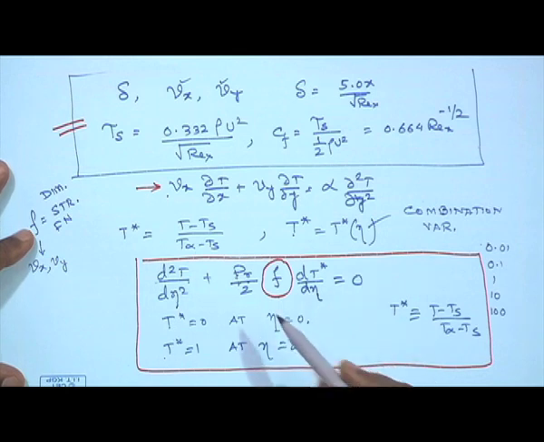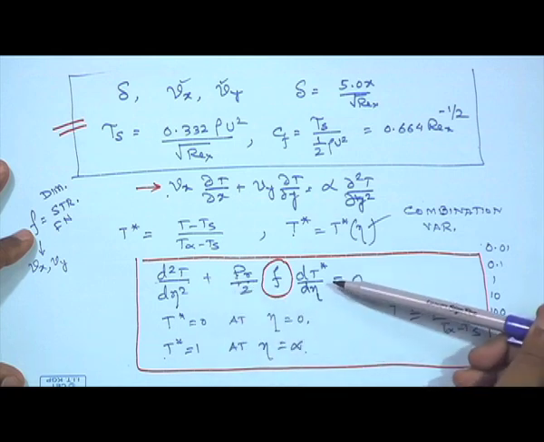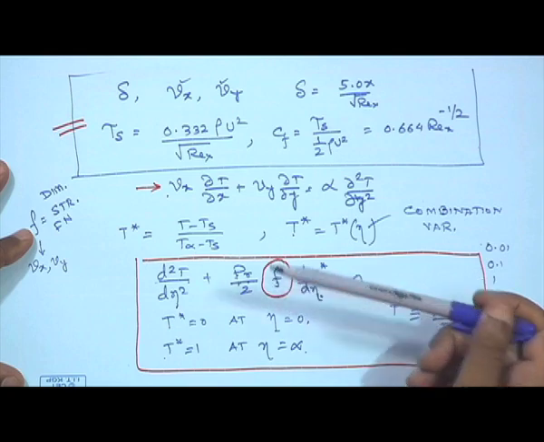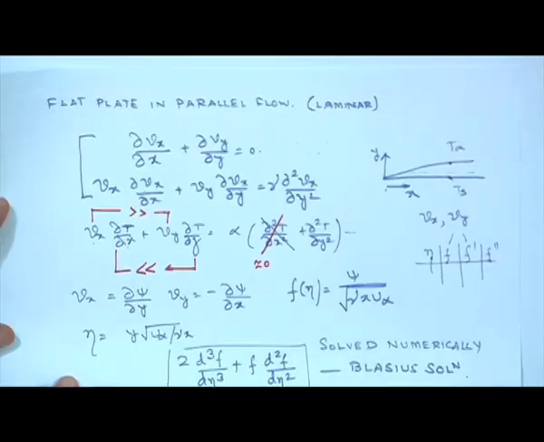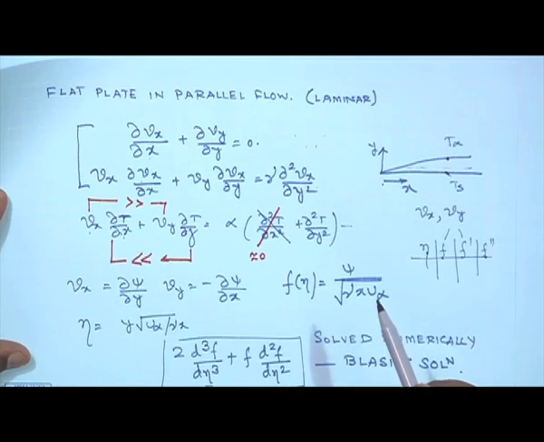In other words, for each value of Prandtl number, I will be able to solve this equation for different values of eta, provided I know the corresponding value of f, which I already know from this table. So, the step should be: assume the value of Prandtl number, whatever it may be, then start solving the energy equation.